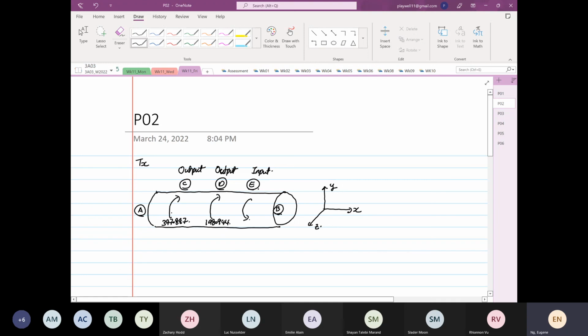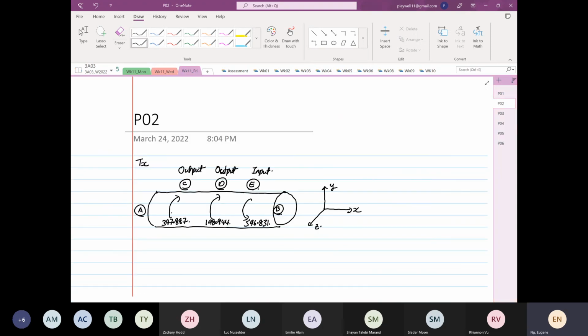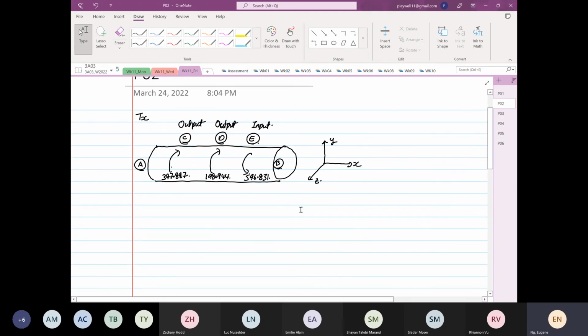So it's 397.887 plus 198.944, which is equal to 596.831. Okay, so if you go back to this graph, this is the 596.831. Next, we are going to sketch the torque distribution.